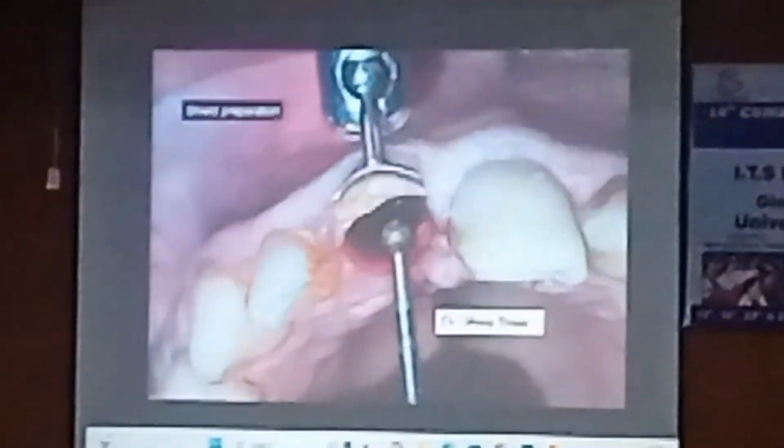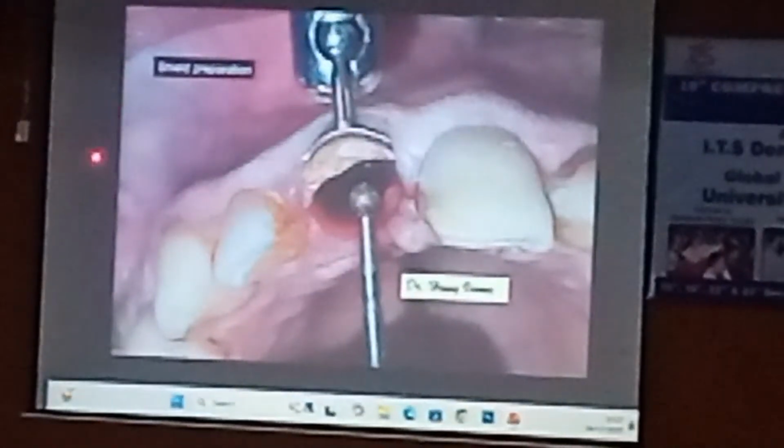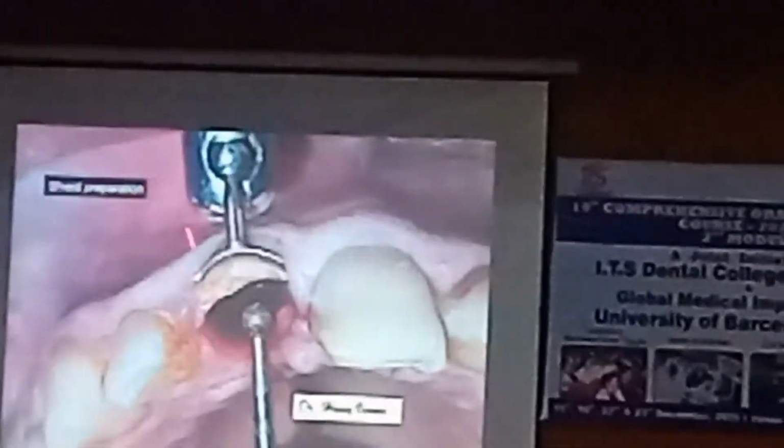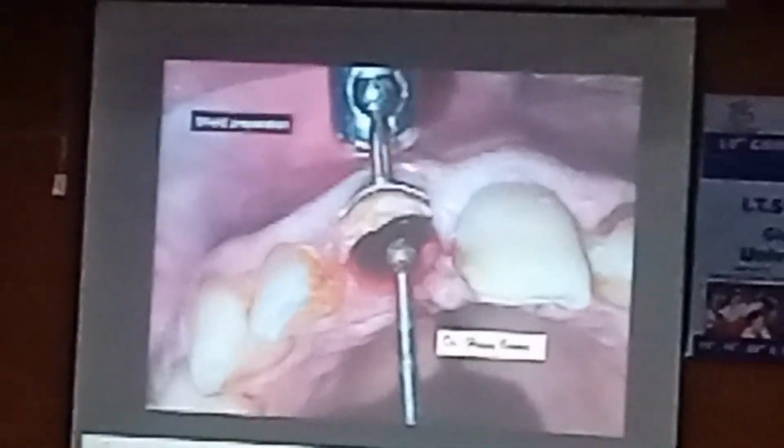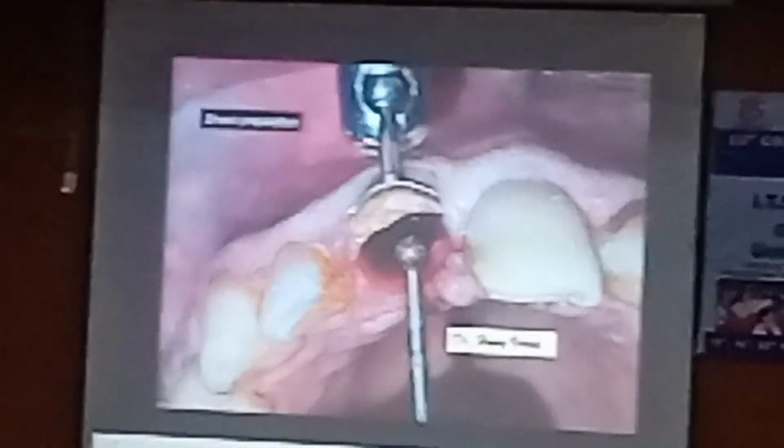So we have removed the palatal part and we have shaved the coronal buccal portion of the root using this stabilizer, right? Now see this, do you think that the shield has been prepared?